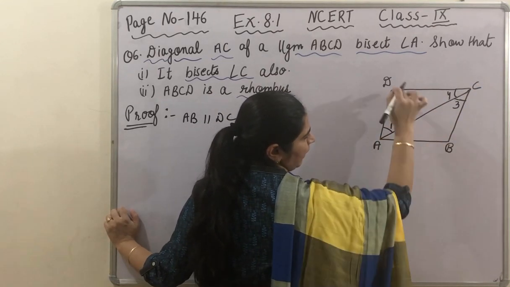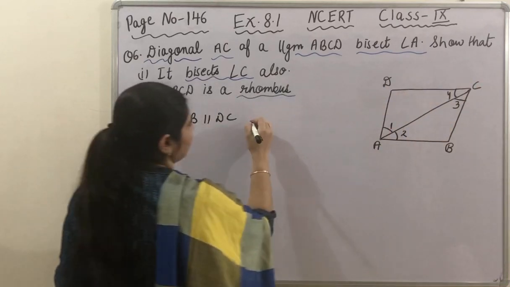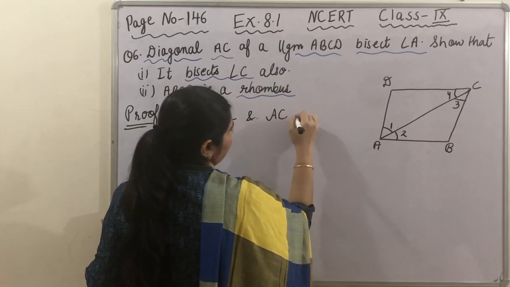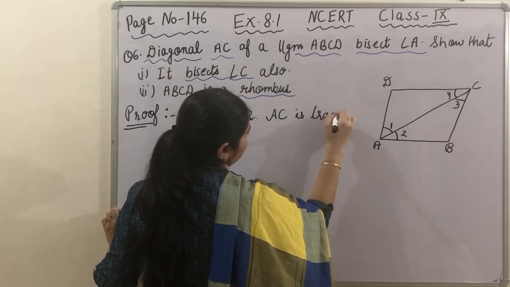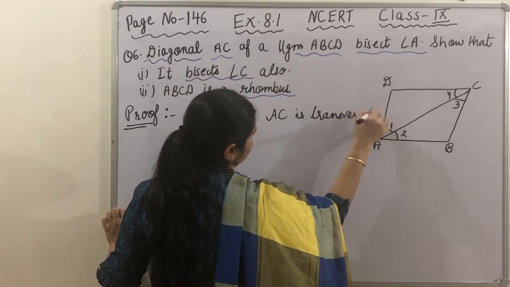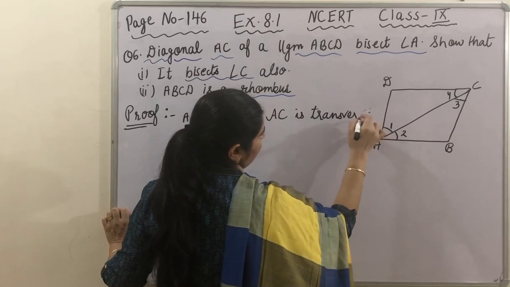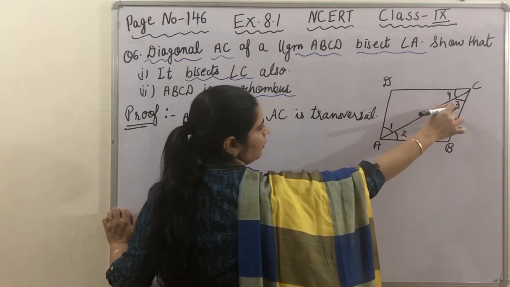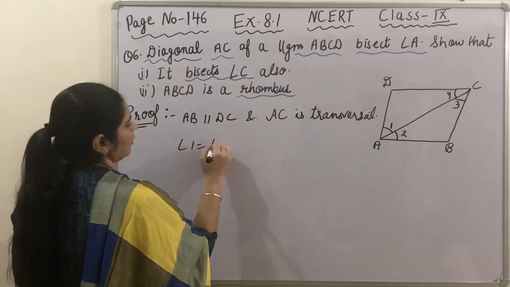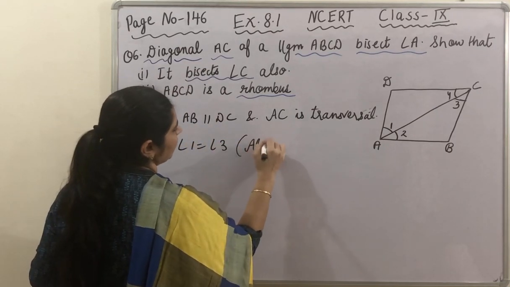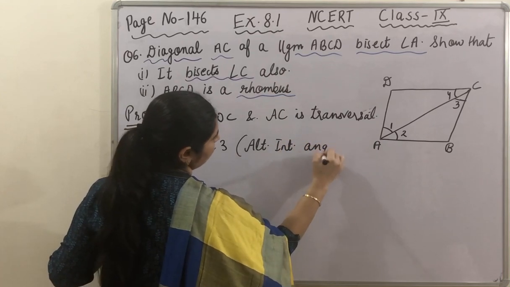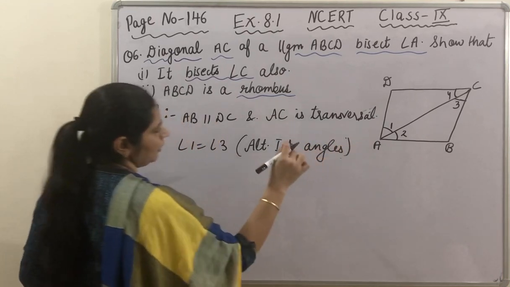Therefore AB is parallel to CD, and AC is a transversal. Therefore angle 1 is equal to angle 3. Reason is alternate interior angles. Alternate interior angles are always equal.